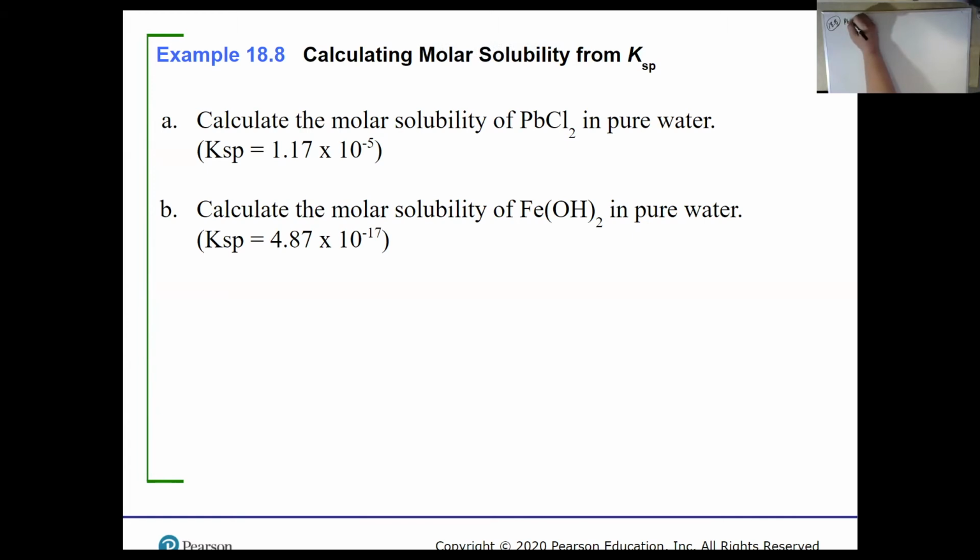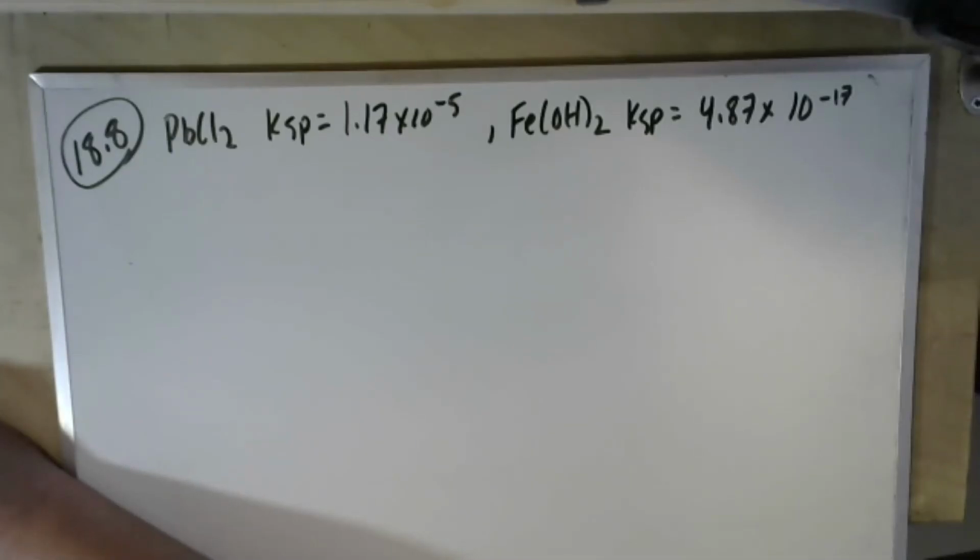We have PbCl2. So let's take a look at how we're going to calculate these.